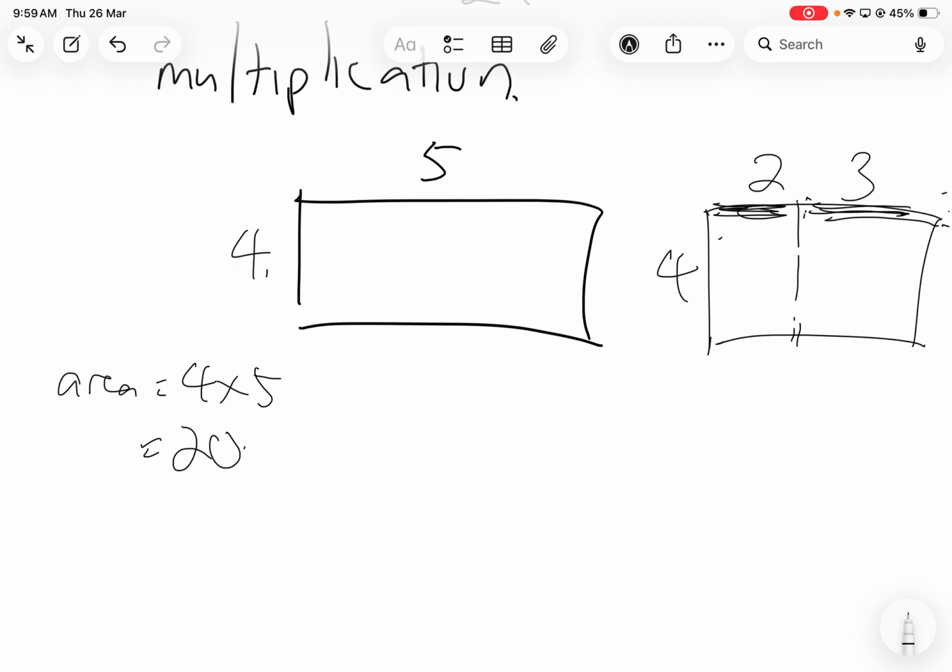So the length is still 5, but I split it into 2 and 3. So this time round, what is the entire area of this rectangle? Ruan, what is the area of this rectangle? 20.